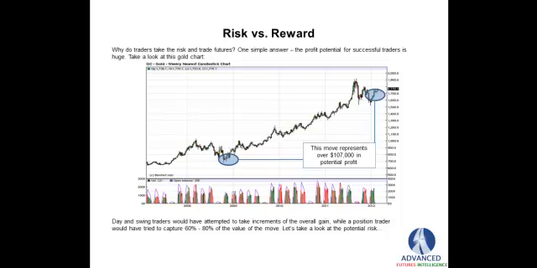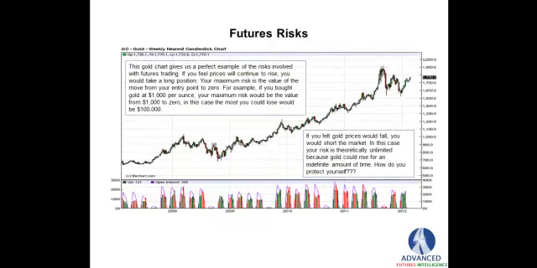Whenever you take a look at profit, you always have to take a look at potential risk. So here we are again with our 5-year gold chart, and this chart gives us a perfect example of the risks involved with futures trading. Now, if you felt that prices would continue to rise, you'd simply take a long position. And if you take a long position, your maximum risk is the value of the move from your entry point to zero.